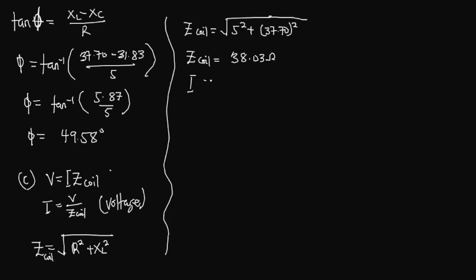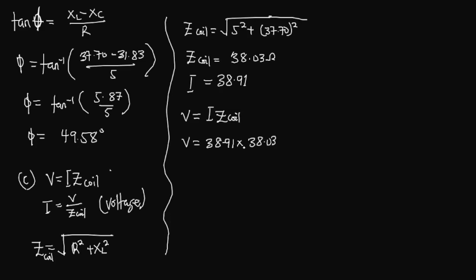So our voltage is equal to I multiplied by the impedance of the coil, that is 38.91 multiplied by 38.03.